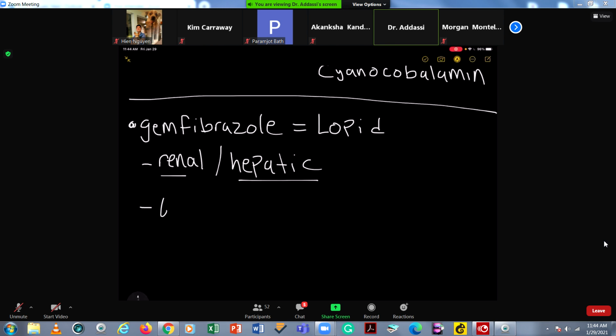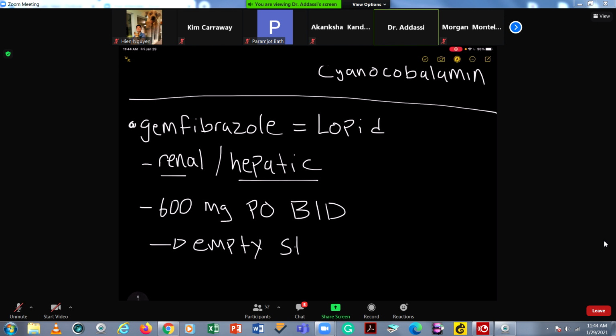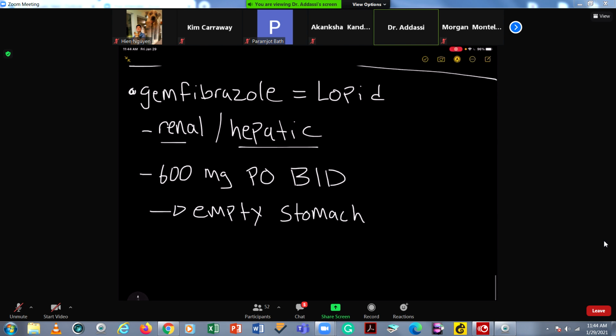It's usually dosed at 600 milligrams PO BID, and you usually take it on an empty stomach. Now, do we take gemfibrozil with a statin? Should not be. No. Right, so no statin.